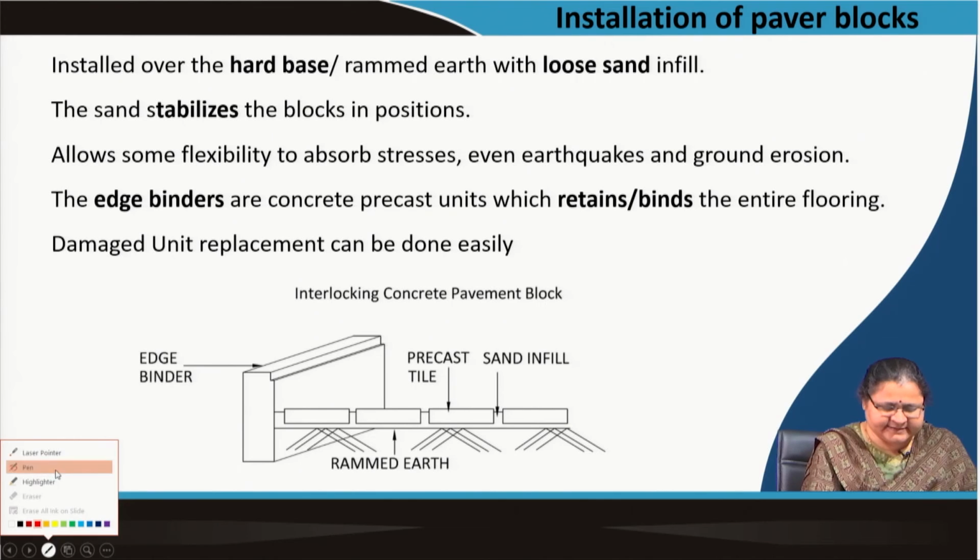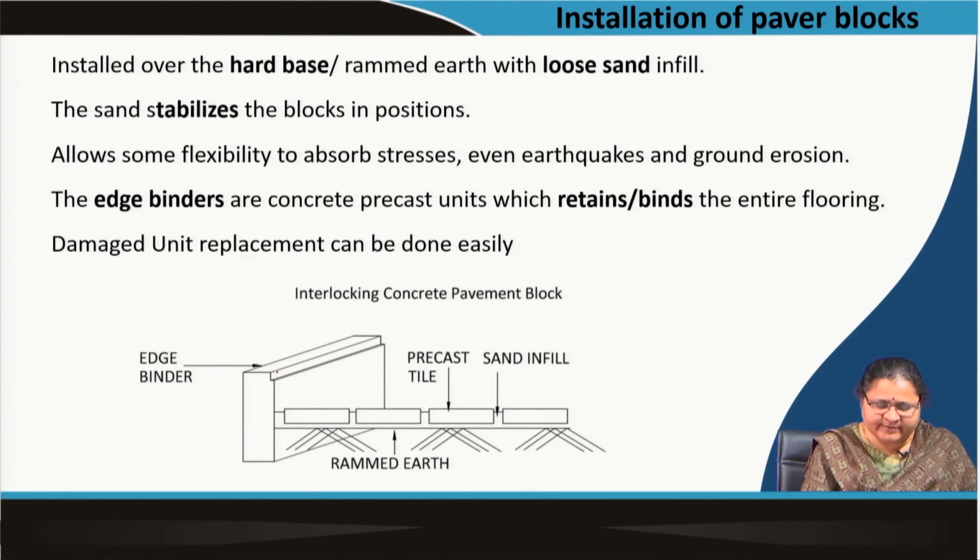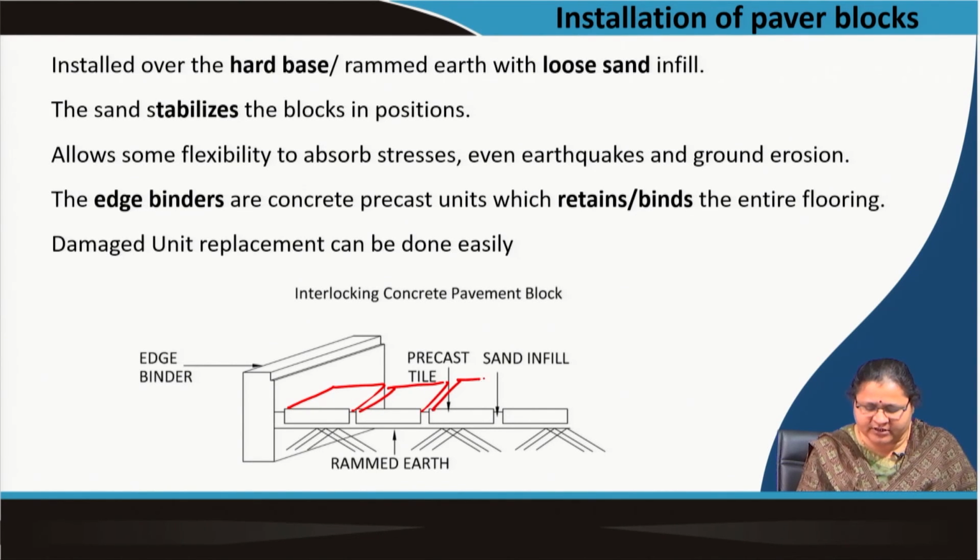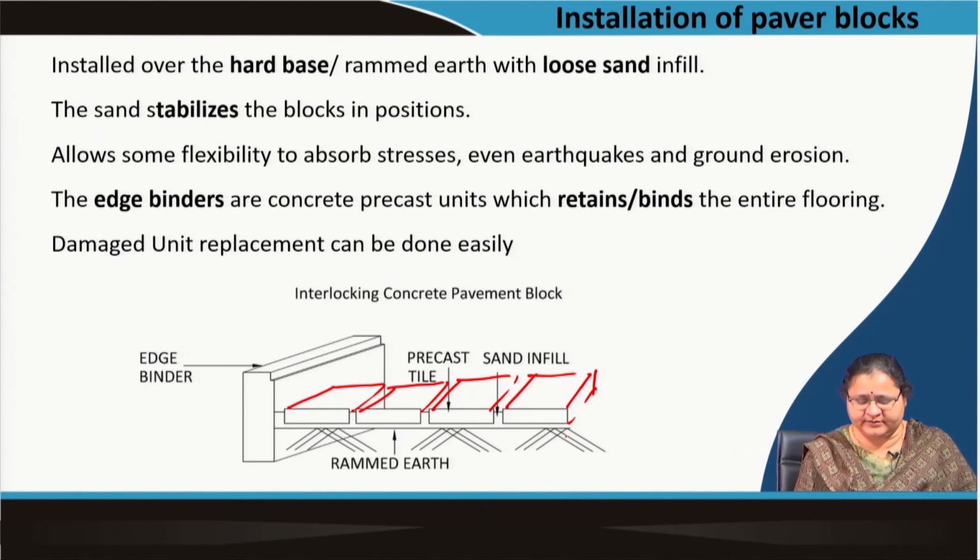What you see, it may be a concrete masonry unit holding the tiles in position. So, these are the tiles, whatever be the interlocking pattern, this is a simplified version, and these are placed on stable earth, that is rammed earth.